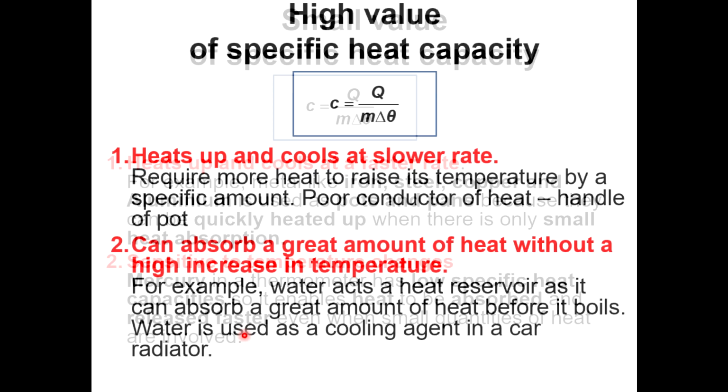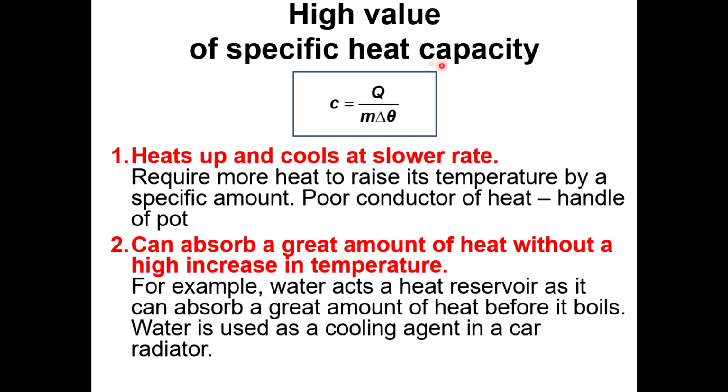Okay, and then for a material with a high value of specific heat capacity, it will heat up and cool down at a slower rate. So it means that it will require more heat to raise the temperature by a specific amount. All right, and it will be a very poor conductor of heat. So normally for the handle of the pot, we use a higher specific heat capacity material.